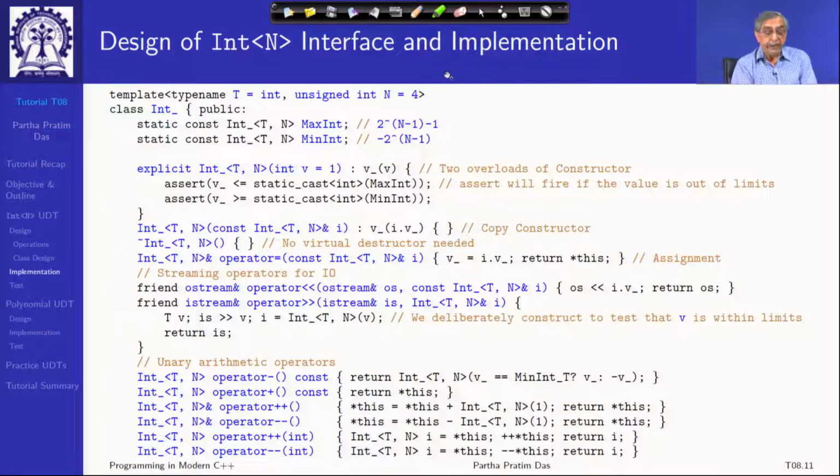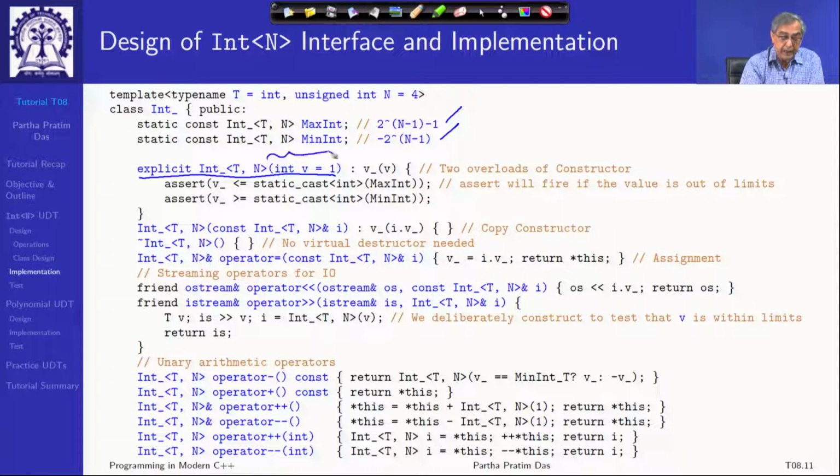So, with that we can very easily implement this entire interface, design and implement the interface together. I am not presenting them separately. So, I have max int, min int. I have an explicit constructor. I prefer explicit constructor, because when the conversion is required I can explicitly do that, unless there is any reason I will use that.